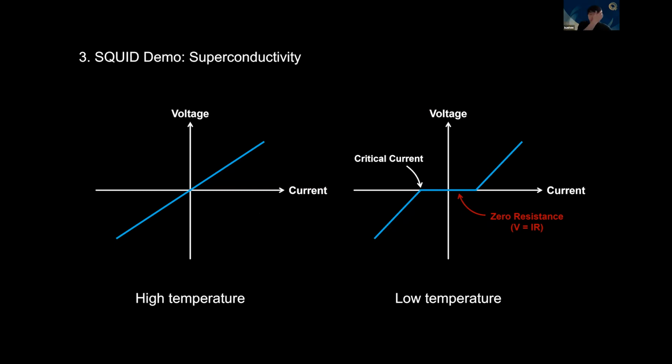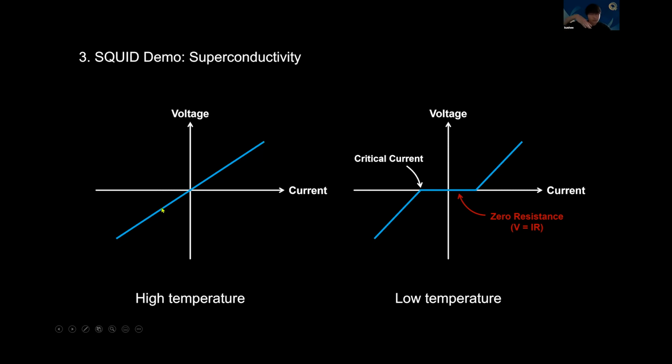At a high temperature, if you look at the graph on the left, we see some sort of Ohm's law, which is V equals IR. If you plot a voltage versus current graph, then we have some constant gradient, which represents resistance. As you cool down, this gradient is going to change.